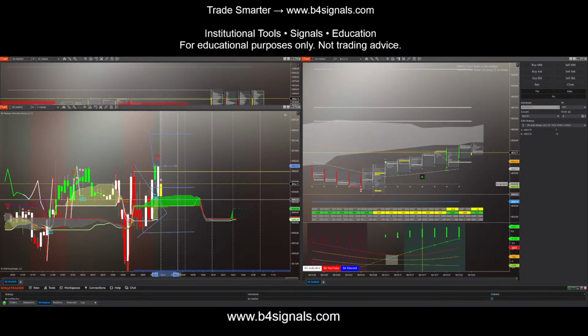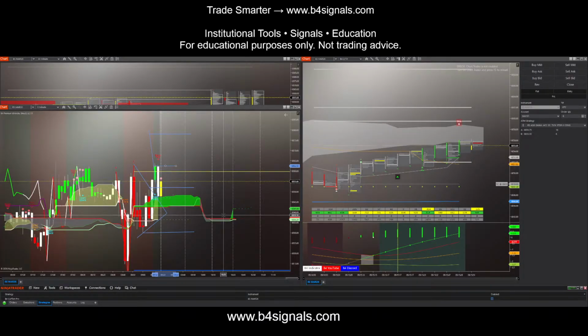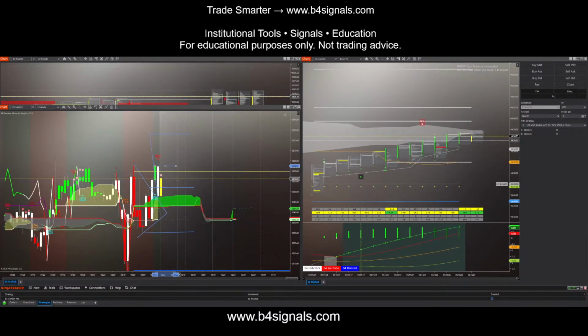Ichimoku wise, starting to form here. Still overall bullish, even though it's hard to hold all this, we're still bullish bias Ichimoku wise, guys. We haven't got to the trade the pullback part yet in the first wave.